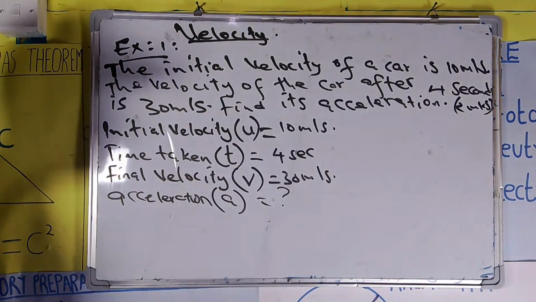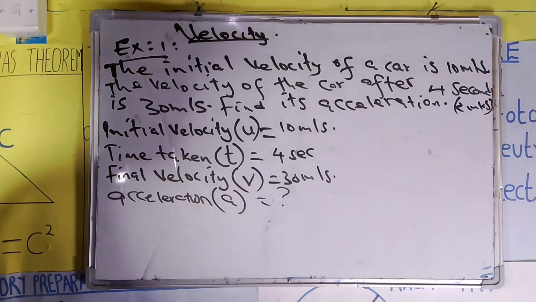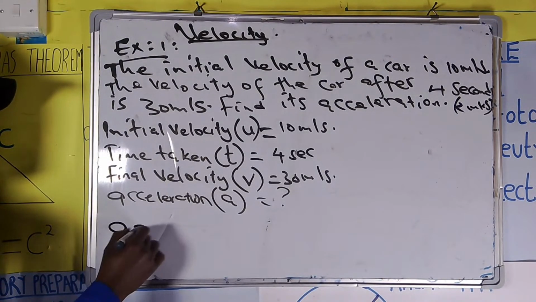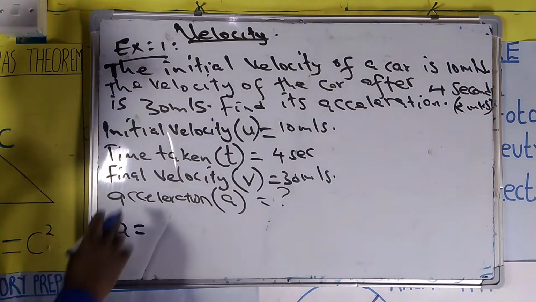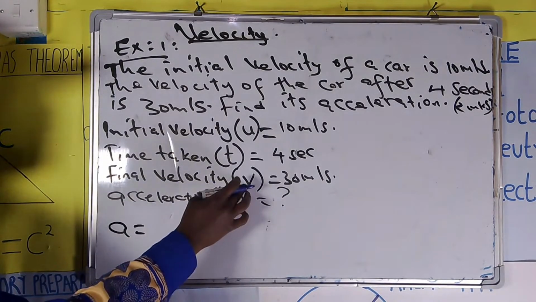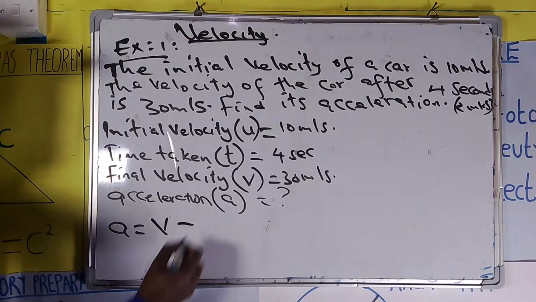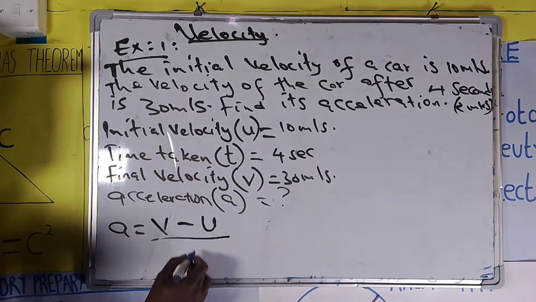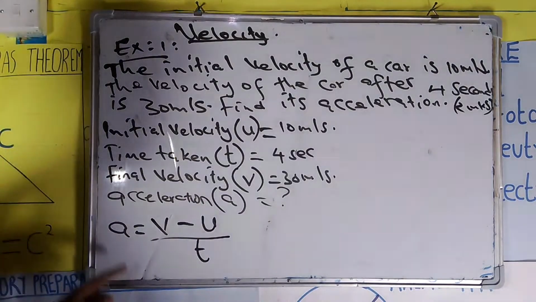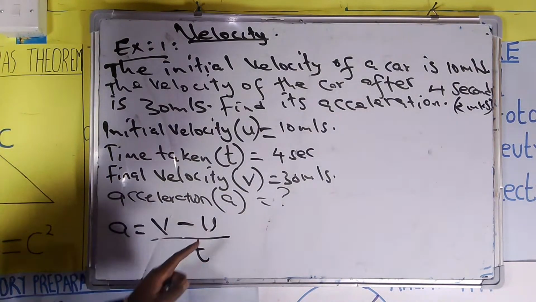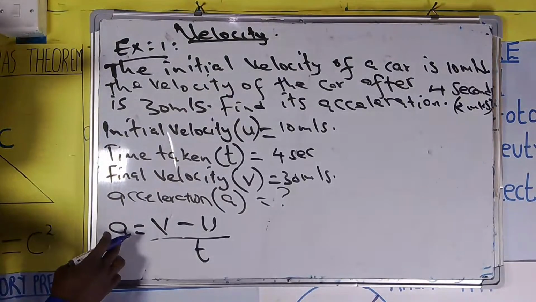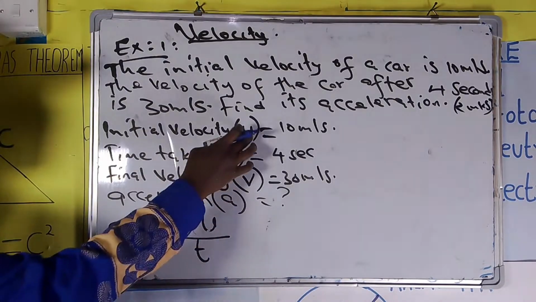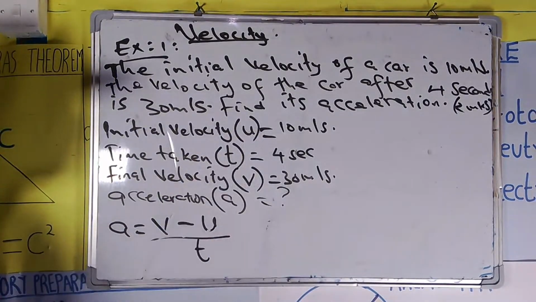For us to find acceleration, remember acceleration is equal to final velocity v minus initial velocity u over time taken t. So a is equal to v minus u over t. Why? Because a is acceleration, v is final velocity, u is initial velocity, and t is time taken in seconds.